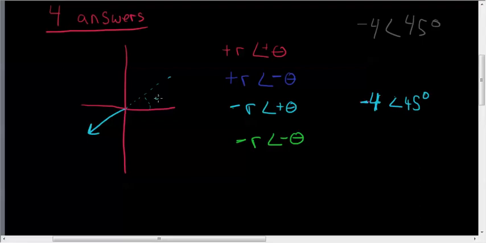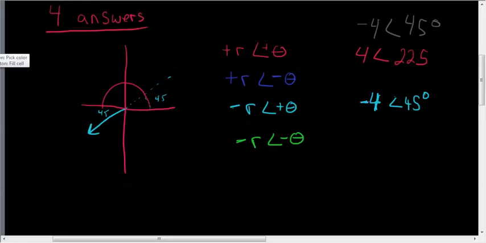Well, if this is 45 degrees, so is this one, right? Vertical angles. So if I'm talking about a positive radius walking forward, that's going to be a distance of 4, a magnitude of 4. But how do I describe this vector with a positive angle? I come this way, 90, 180, and 45 is 225 degrees.